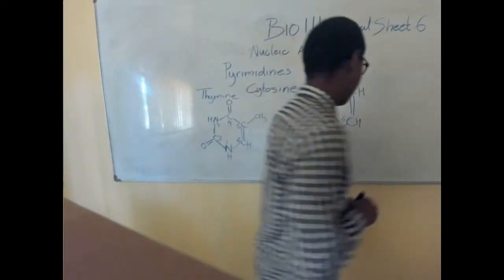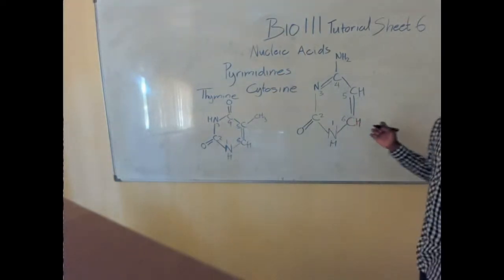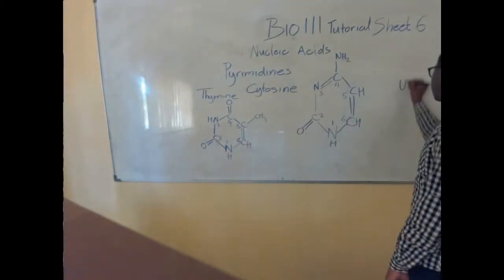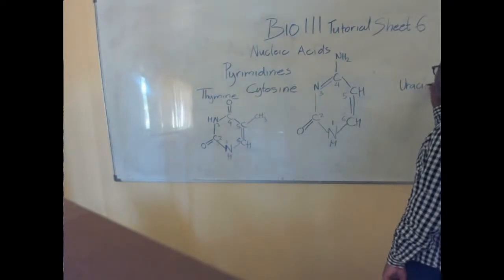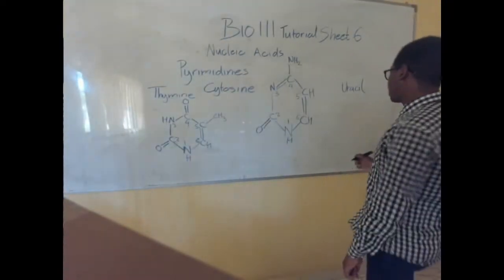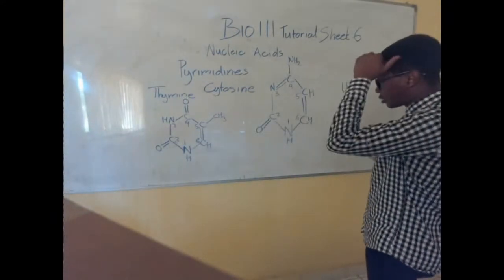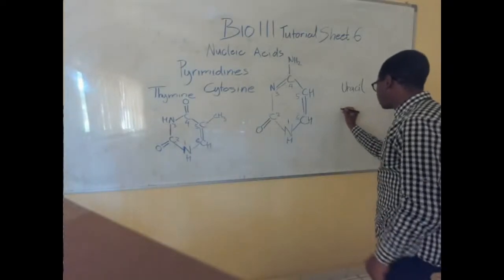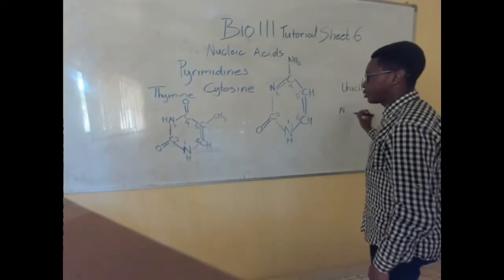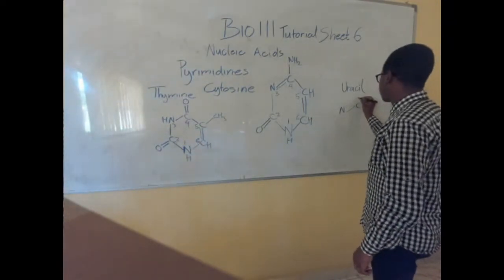Then we now go to the last pyrimidine that we have, which is uracil. So for uracil, it's very identical to thymine, and the only difference is that on carbon number 5, we don't have a methyl group attached.